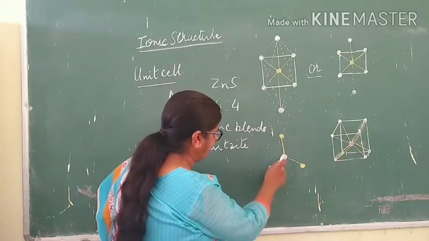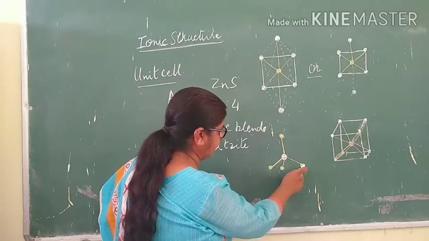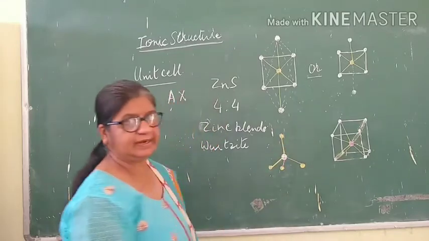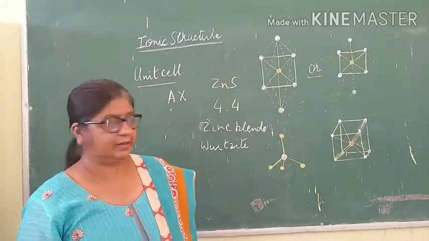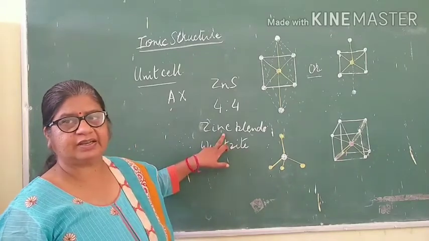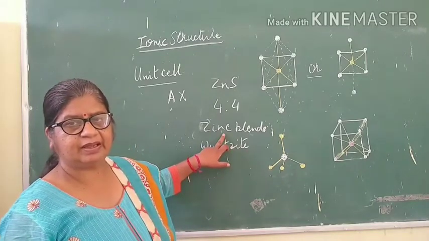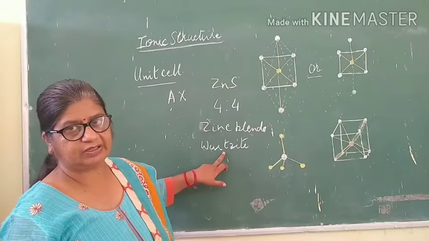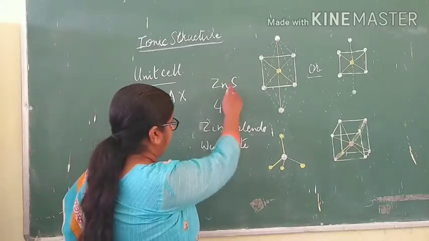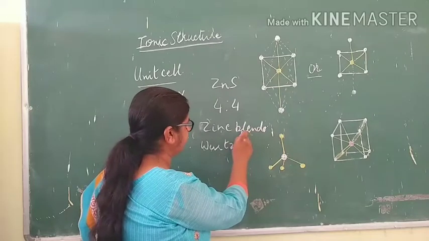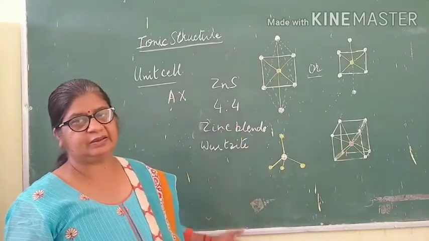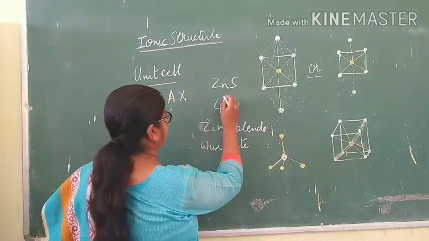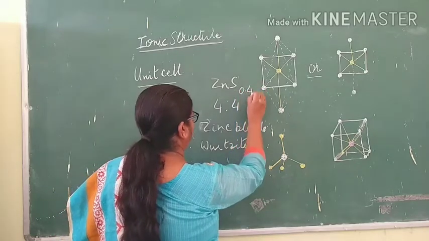That is, a zinc ion is surrounded by 4 sulfide ions, or a sulfide ion is surrounded by 4 zinc ions. The zinc blende structure is a cubic system, and in the wurtzite type, it is arranged in the hexagonal type. That is, it is the same thing, but the arrangement is in the cube here and in the hexagon here. The radius ratio for zinc sulfide was 0.40.